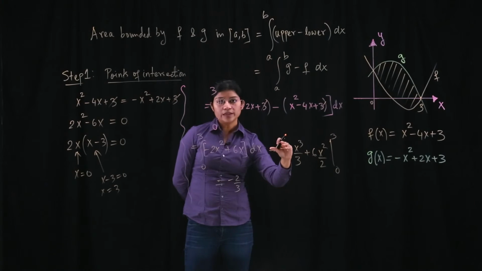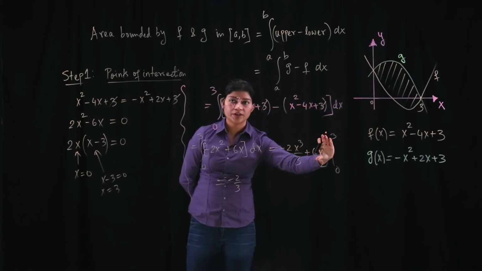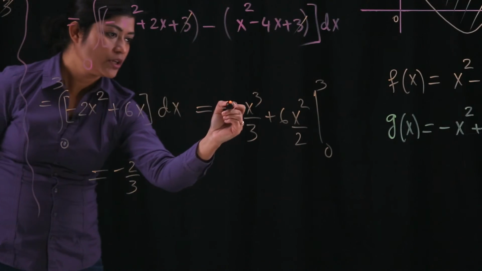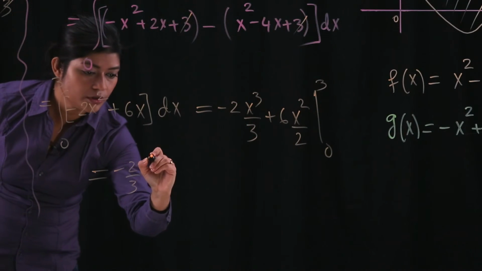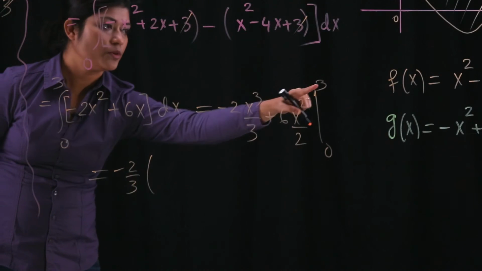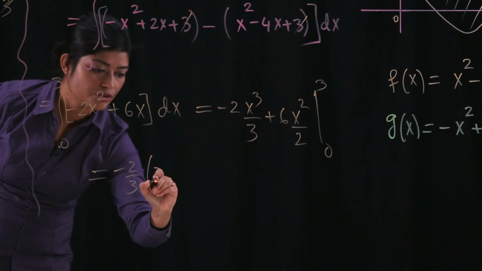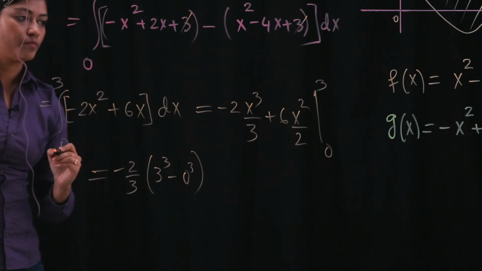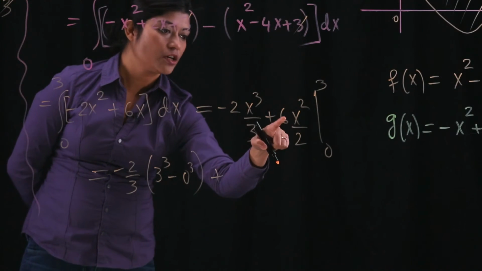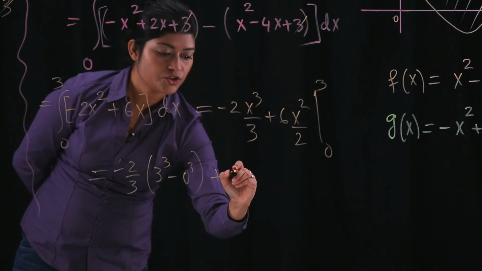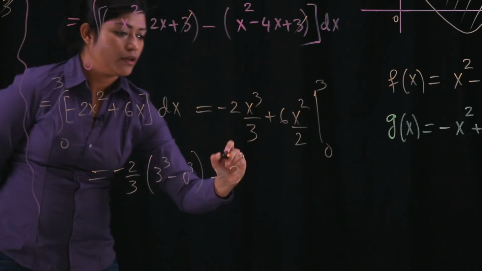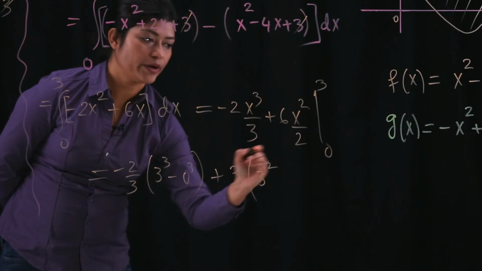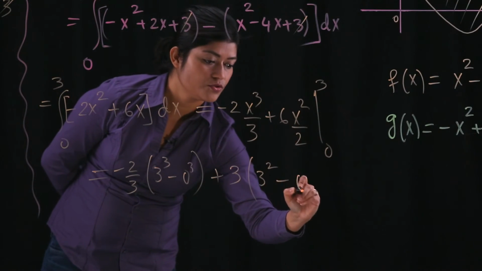You can consider each term separately and plug in these values. I'm going to take out the negative 2/3, and for x cubed, I will plug in 3, so we get 3 cubed minus 0 cubed. For the next term, 6 over 2 you can cancel, that's just 3. And for x squared, you plug in 3, which is 3 squared, then subtract and plug in 0.